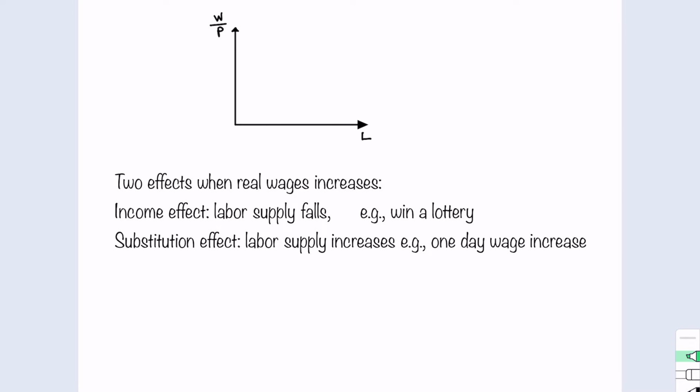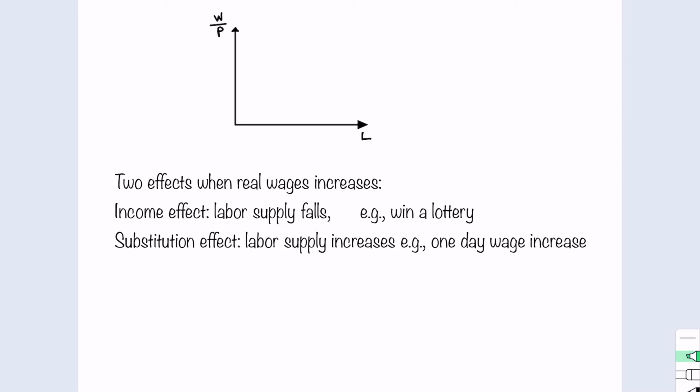So it substitutes our work willingness on the other days to the day that we have the wage increase. And the reason why we want to work more on that day is because our hourly wage on that day, or our value for working on that day, is more than all the other days. Therefore, in general, we want to work more.